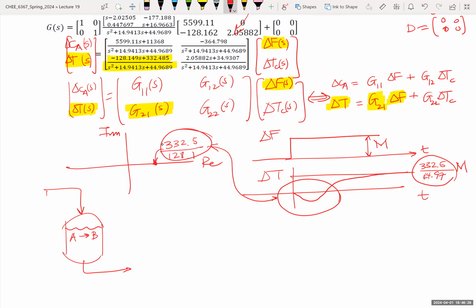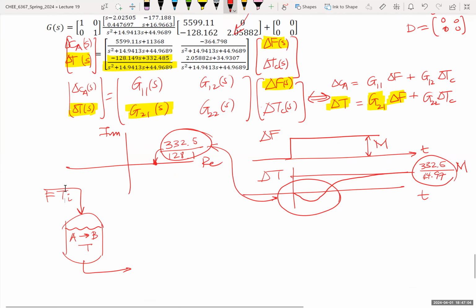So this is the flow rate. When the flow rate increases, that means we dump more reactant into the system. But which is hotter or colder? Which is colder, the feed or the reactor liquid? Well, this is an exothermic reaction, so the temperature here is higher than the temperature at the inlet, right?